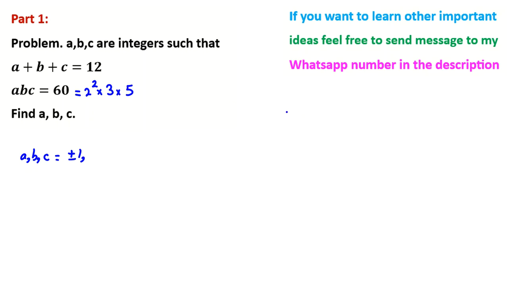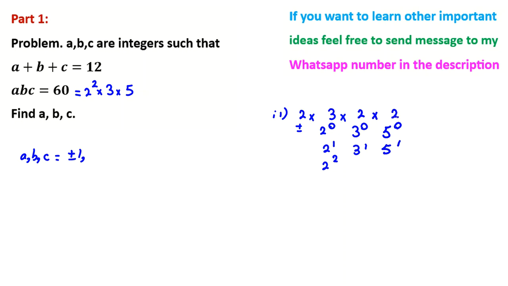If you want to find the number of divisors, you say okay, two cases for plus or minus. The power of 2 can be 2 to the 0, 2 to the 1, 2 squared; 3 to the 0, 3 to the 1; 5 to the 0, 5 to the 1.